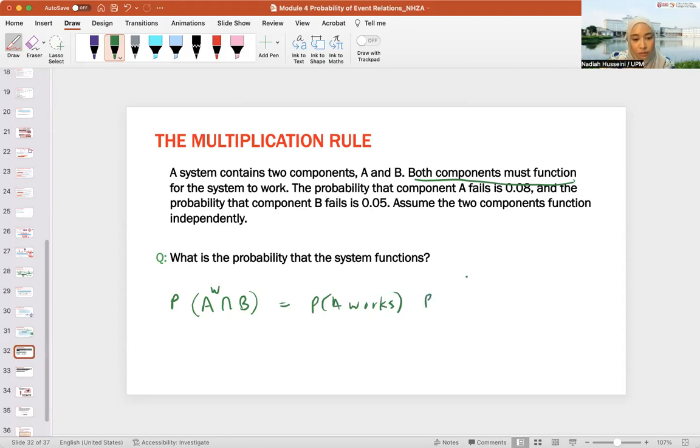And of course, you also want the other component to work as well, because we want to find out the probability of the system working, right? For the system to work, both components have to work or they cannot fail. So I need to find the probability that A works and multiply that with the probability that B works. Now, I already simplified this. What is the next step?